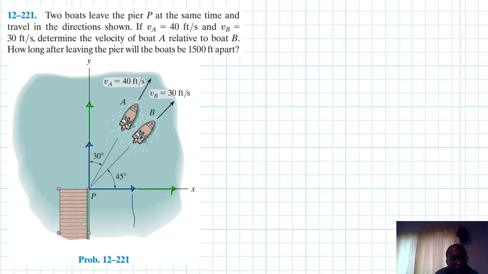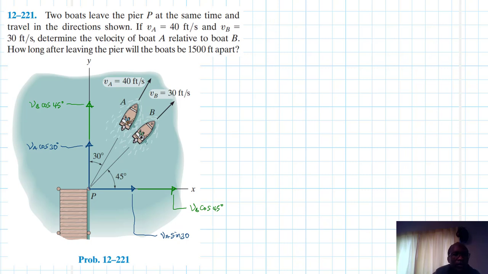This one is VA sine 30, and this one is VA cos 30, and this one is VB cos 45, and this one is VB sine 45.